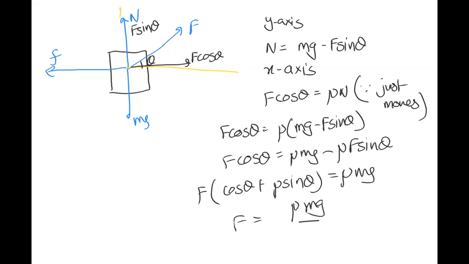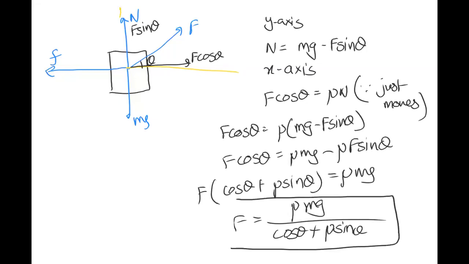F is equal to mu mg upon cos theta plus mu sin theta. आया समझ में ये? This is understood.